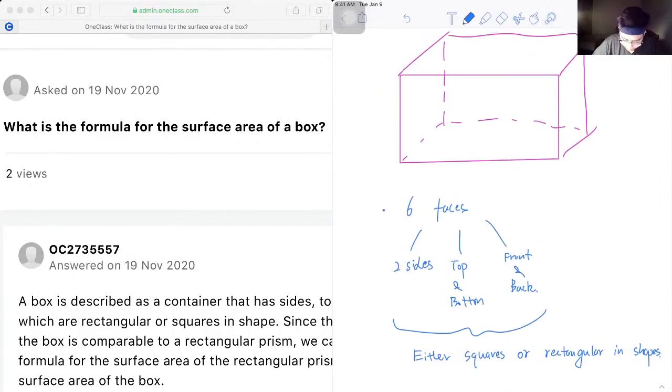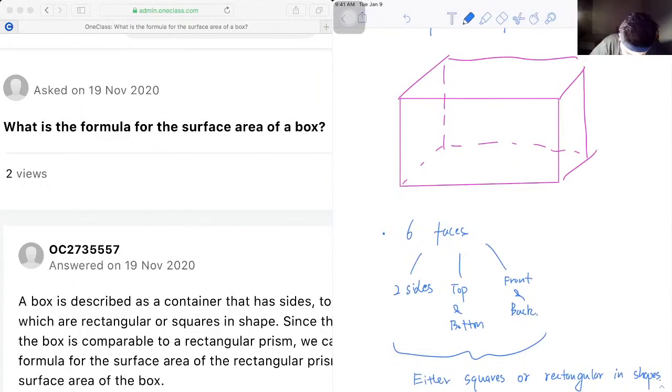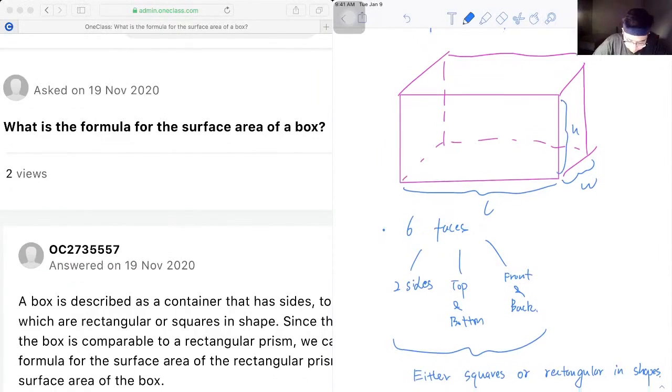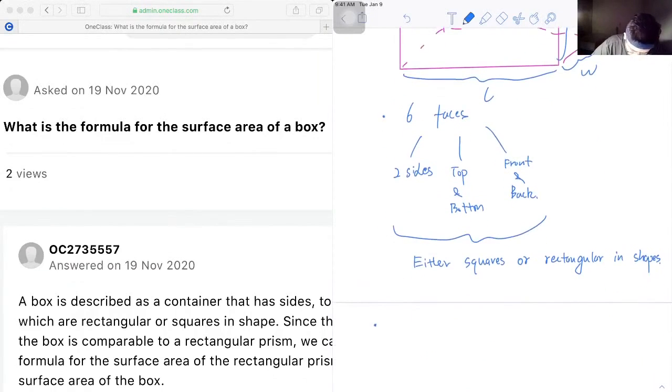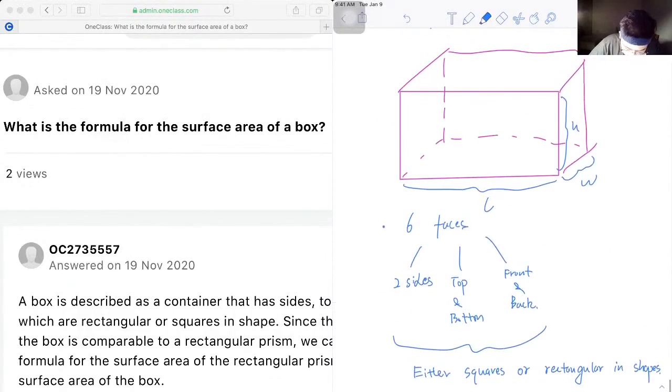First let's call the length L, the width W, and the height H. In terms of the surface area of top and bottom, I'll use yellow to highlight these two parts.